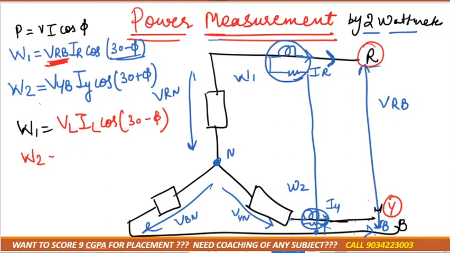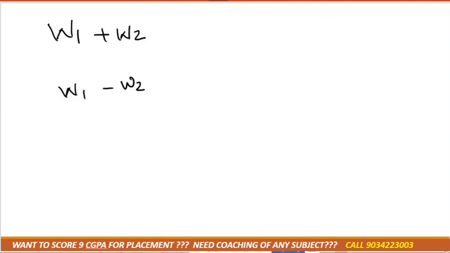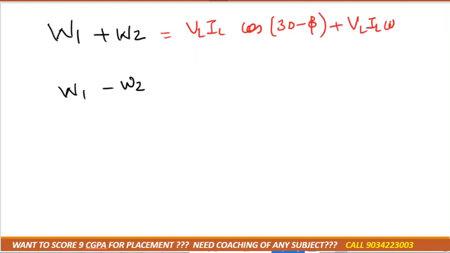Similarly, we have W2 also. VYB is the line voltage, so we'll mark VL. IY is the line current, so we'll mark IL cos of 30 plus phi. Okay, got it? So now if I add W1 plus W2, it will become VL IL cos of 30 minus phi plus VL IL cos of 30 plus phi, right?